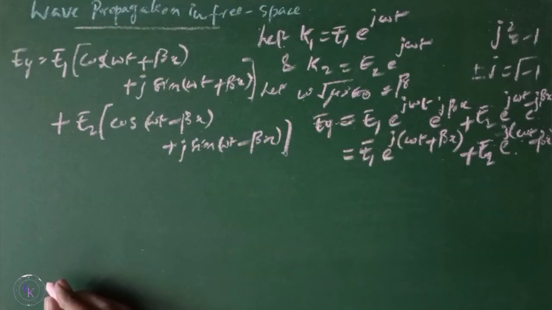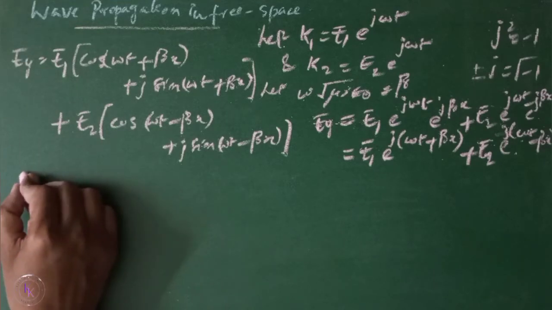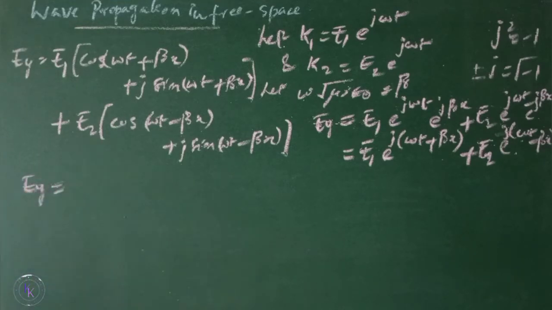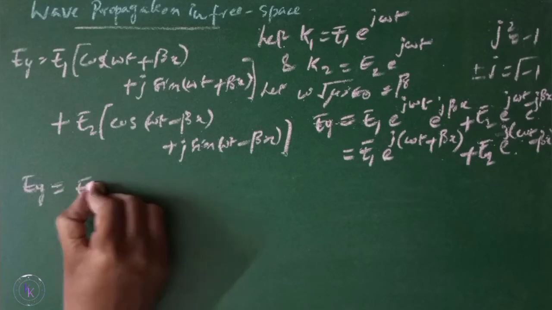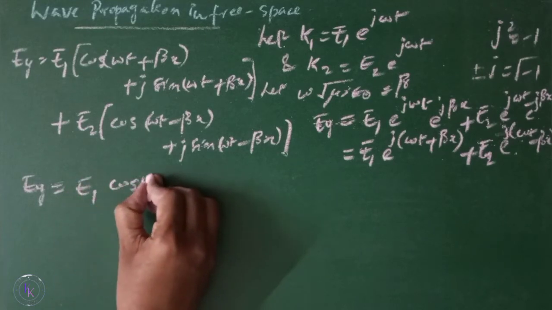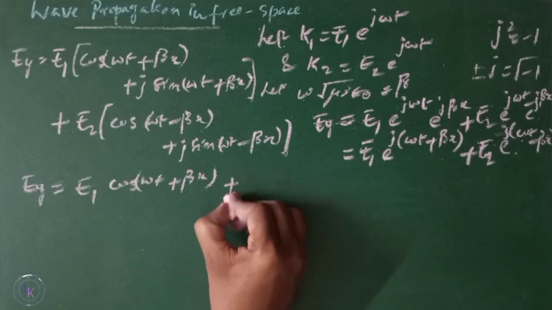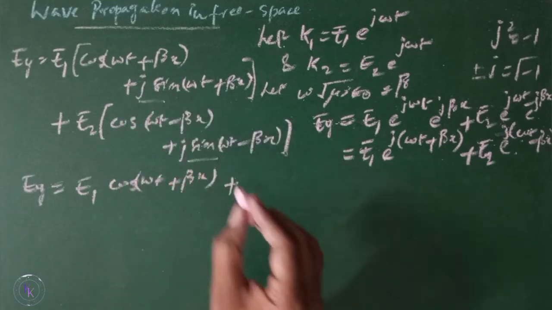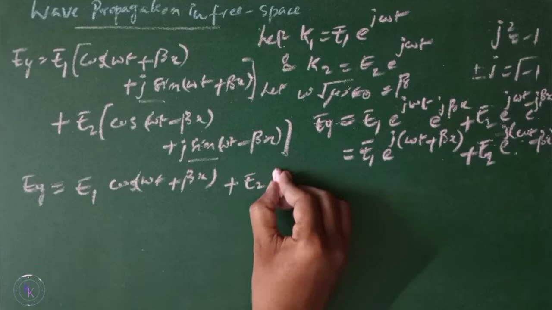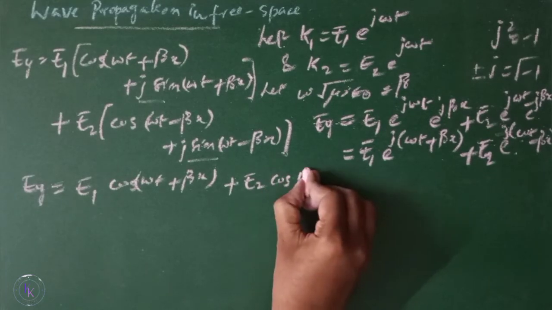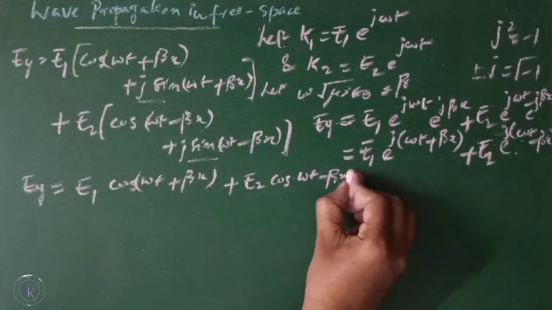Now separate the real and imaginary parts. Then the real part of Ey equals E1 cos of omega t plus beta x plus E2 cos of omega t minus beta x.